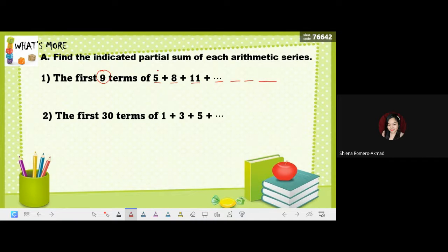So, ang tanong, meron ba tayong last term? Do we have last term? Meron o wala? May last term ba? Hello? Andiyan pa kayo? Wala po.